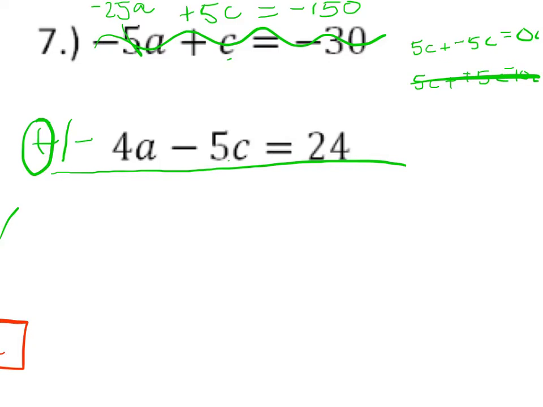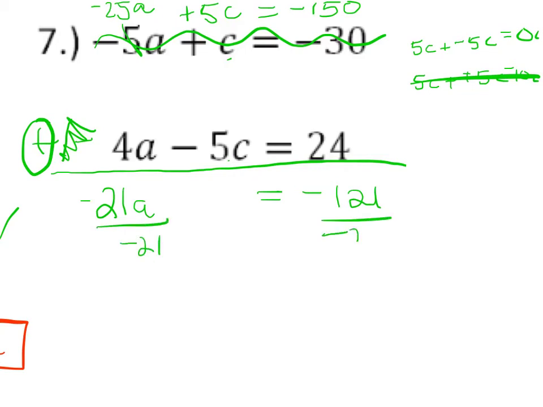So negative 25A plus 4A, because that wasn't there, that was just our question, is negative 21A. Negative 5C plus 5C is 0, so I'm not going to write anything. Negative 150 plus 24 is negative 121. Well now, quick solving, we would have A equal to negative 121 divided by 21.